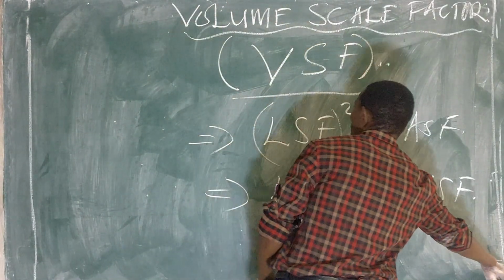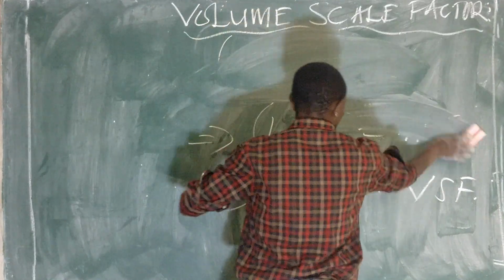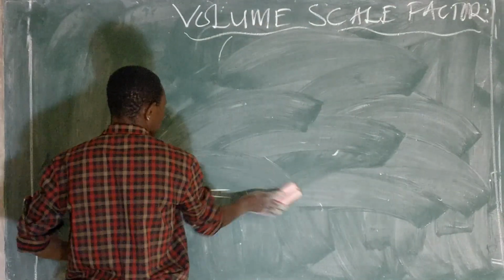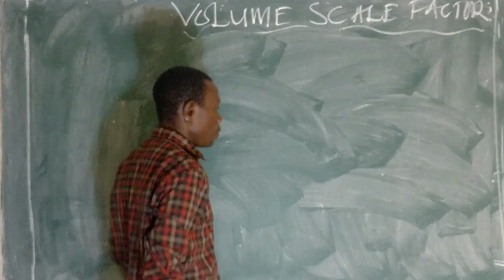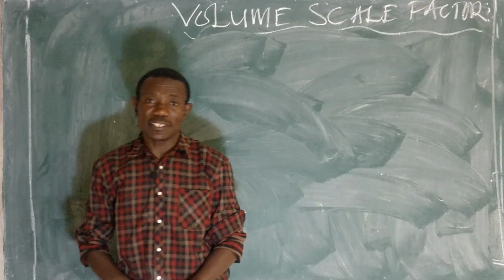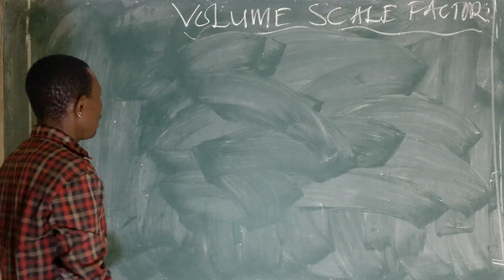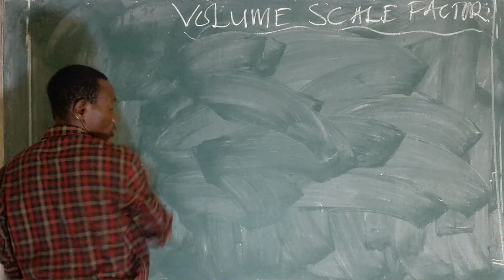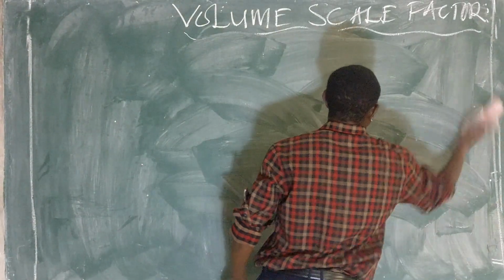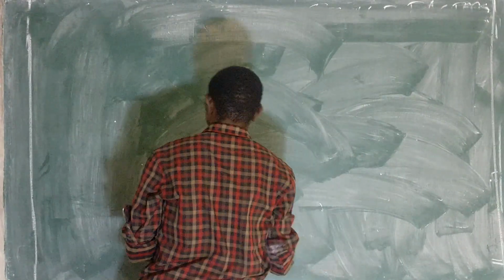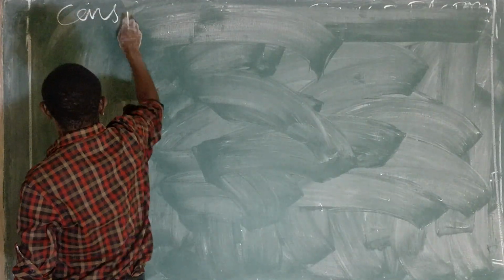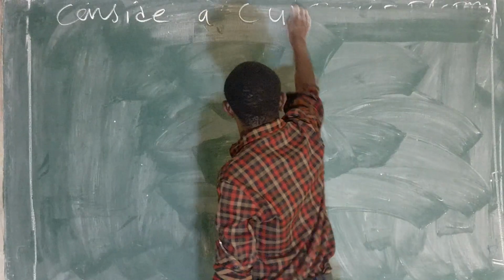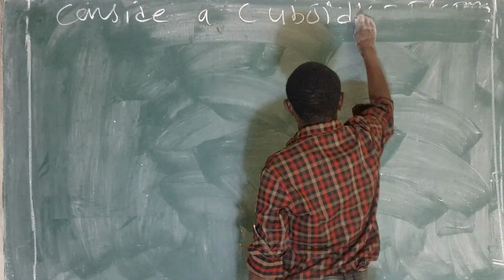Now, let us try to come up with a cuboid. You can decide the dimensions in terms of height, length, and width, and we work out the volume. So let's consider a cuboid. If I draw a sketch of it, I may have it like this.